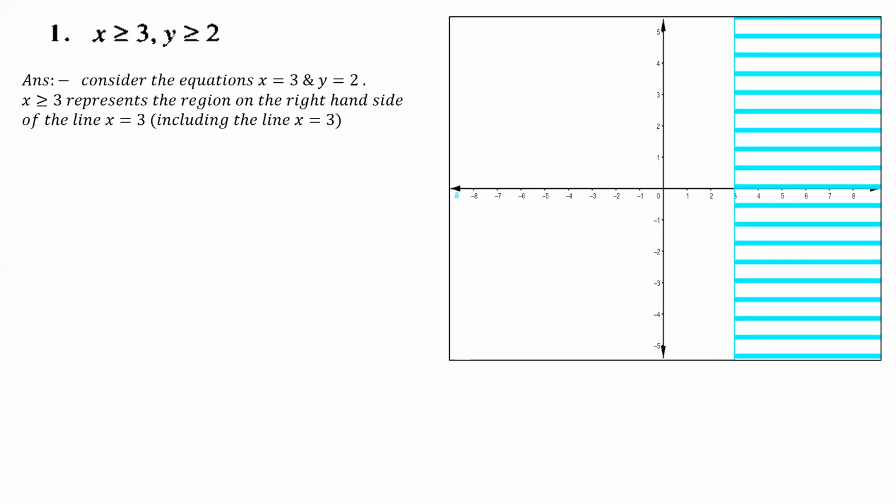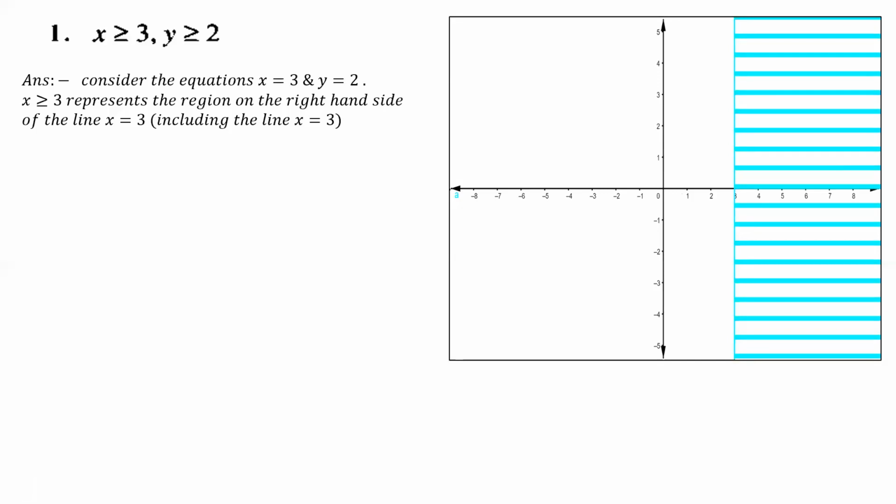You can remember: greater than means always right-hand side or the upper half, and less than means left-hand side or the lower portion of the line. Otherwise, you can put 0, 0, that is the origin. If the origin satisfies the inequality, then the region is towards the origin, and if it does not satisfy the inequality, then it is the opposite side of the origin.